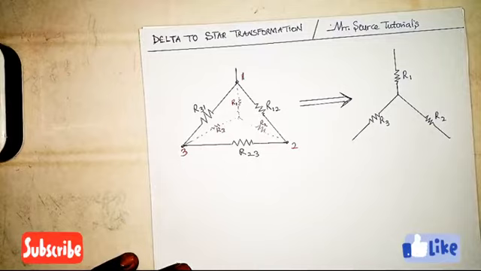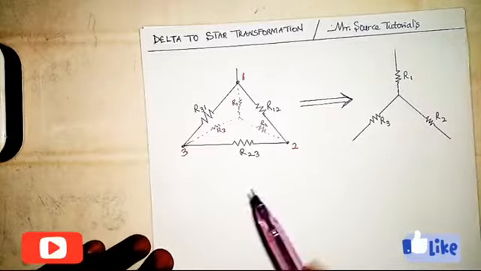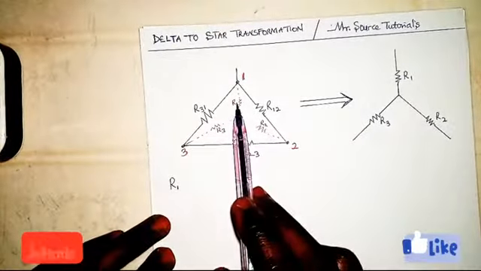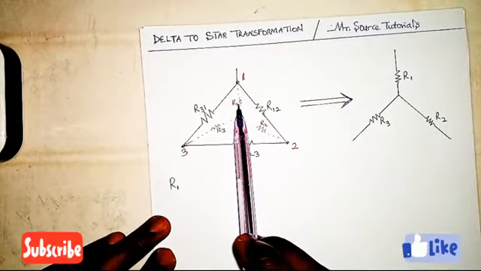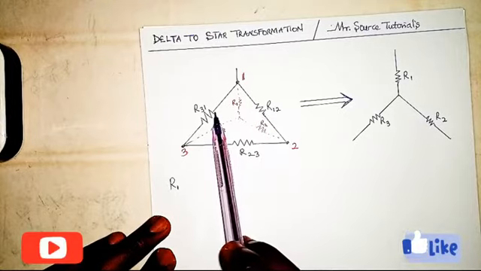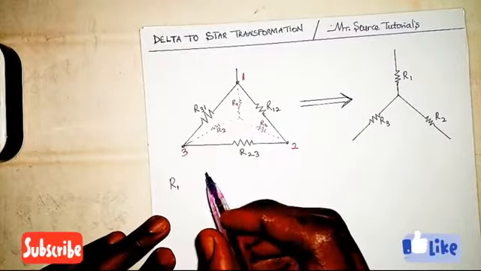What you are going to look for is the corresponding value of that in the star connection. So, for us to find the R1, looking at this system now, you can see that this R1 is lying between R12 and R31. This is a shortcut method of solving this.